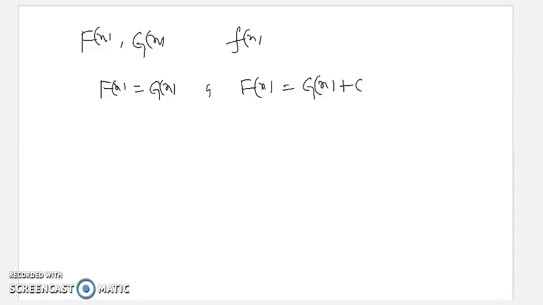Geometrically this means the graphs of F of x and G of x are identical except for their vertical position.